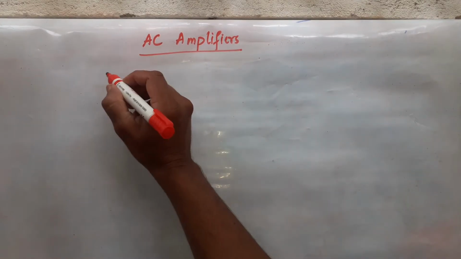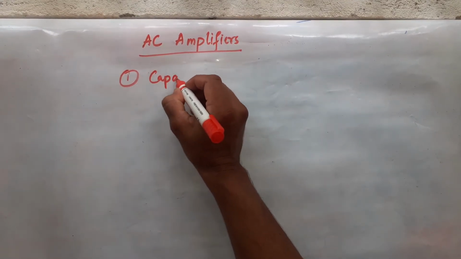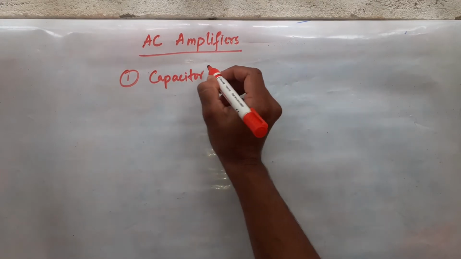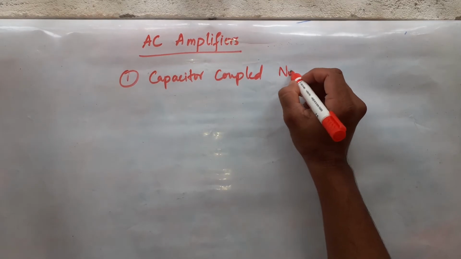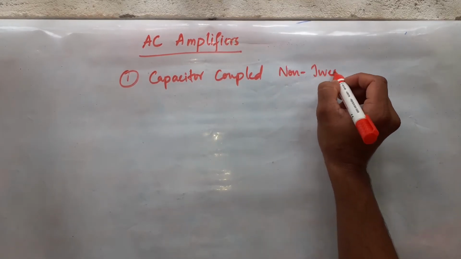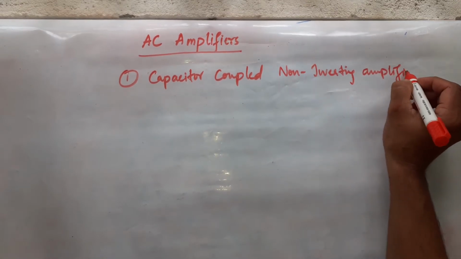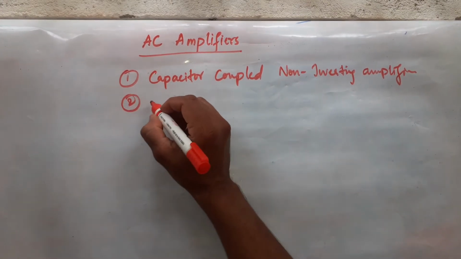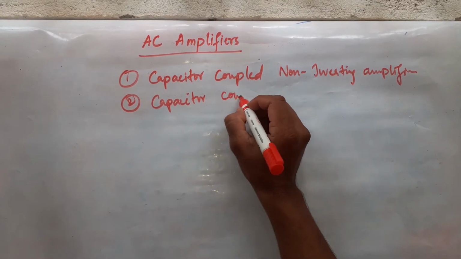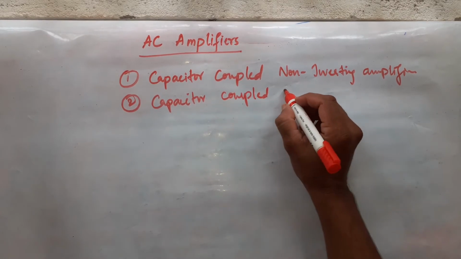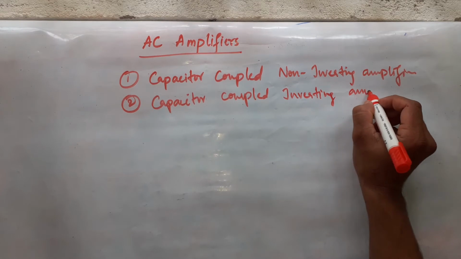So we call them capacitor coupled non-inverting amplifier, and the other one is capacitor coupled inverting amplifier.